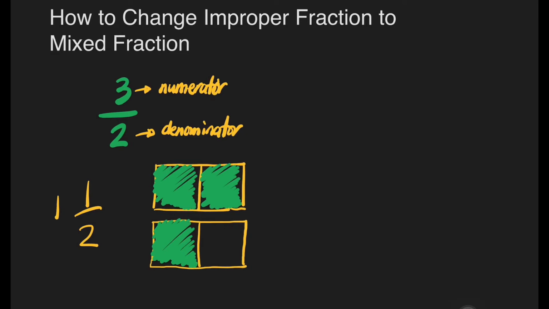All we need to do is to divide the numerator by its denominator. The one inside is our numerator and the one outside is our denominator. So we will just divide. How many 2's are there in 3? It's only 1. 1 times 2 is 2, and then we subtract 3 minus 2, it's 1.